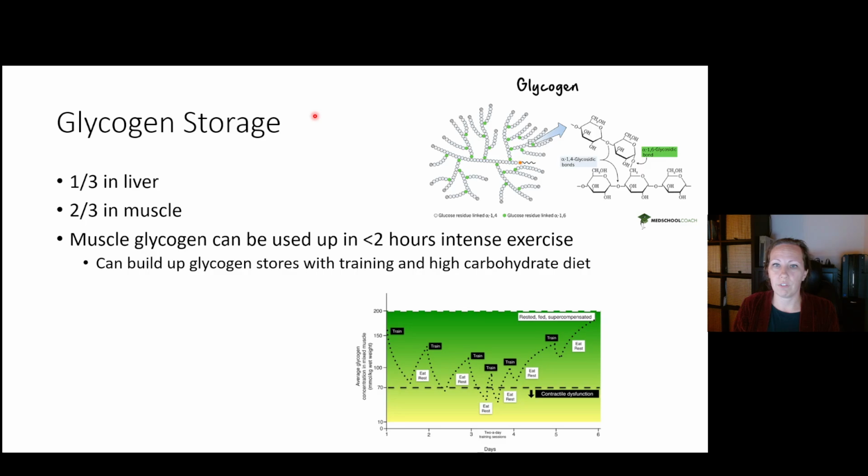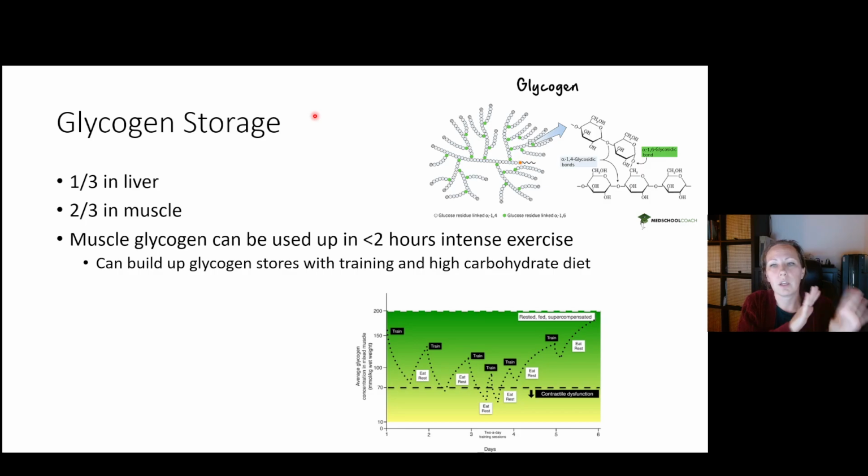Sprinters have a very glycogen-dependent muscle type, but long distance runners develop red muscle fibers, which are less dependent on glycogen and have other ways to produce energy using oxygen.